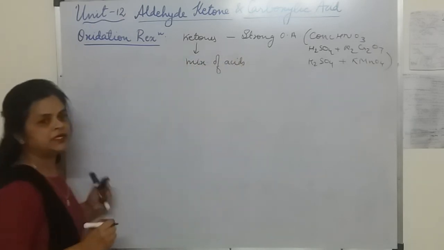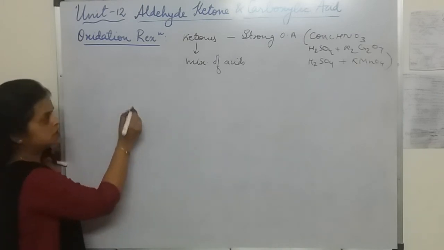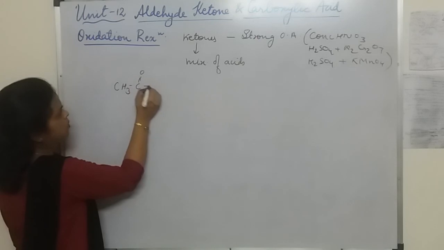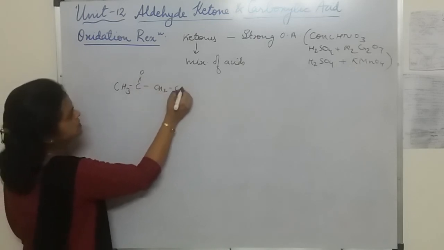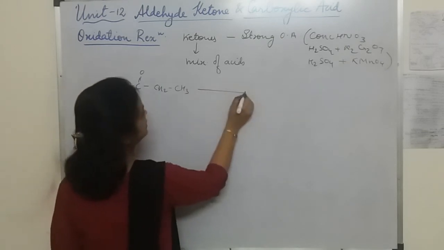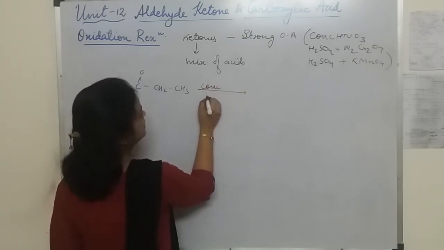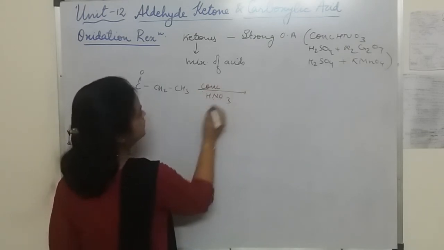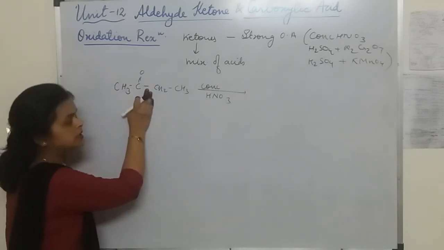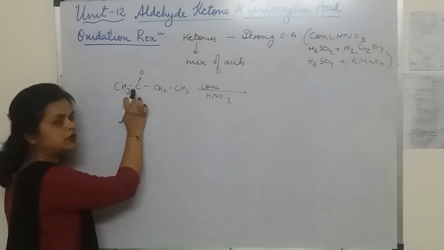How does it take place, students? Mixture of acids. Suppose I am taking here CH3, C double bond O, CH2, CH3. Now, when it undergoes reaction with concentrated HNO3, see, either this bond can be broken or this bond can be broken.